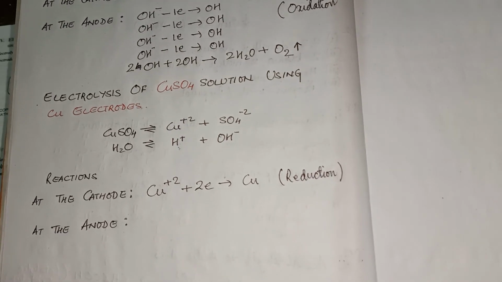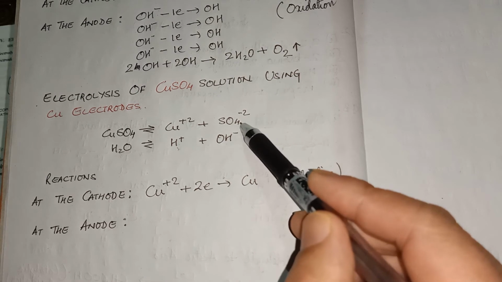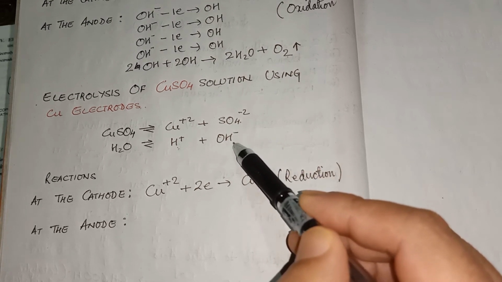Now let us see what type of reaction takes place at the anode. What type of ions move toward the anode? It is negatively charged ions, anions. So over here we have sulfate ions as well as hydroxide ions.